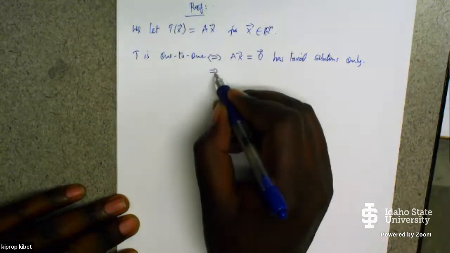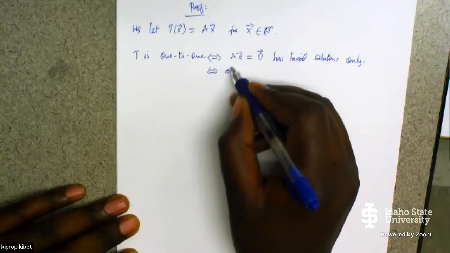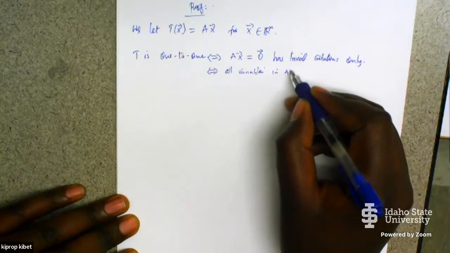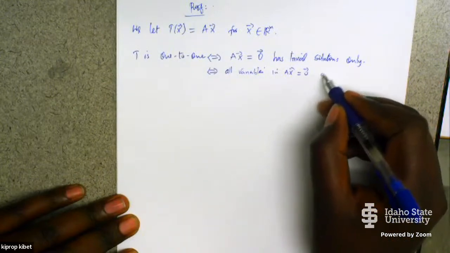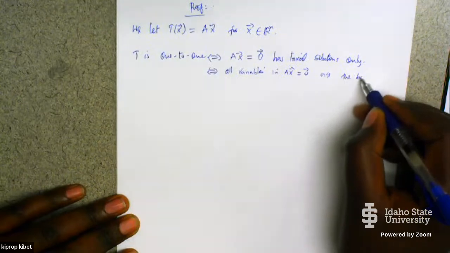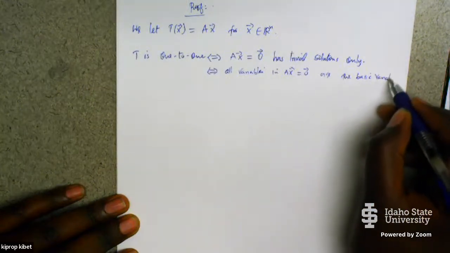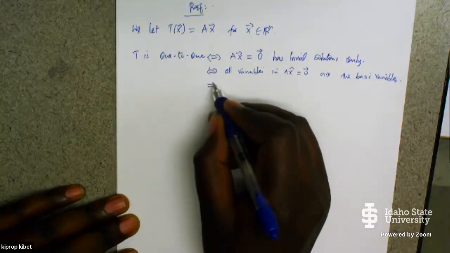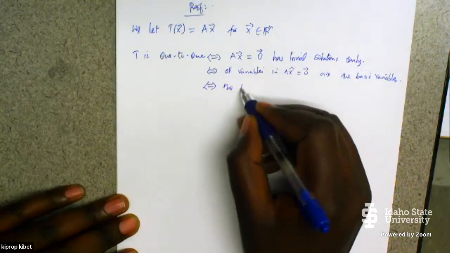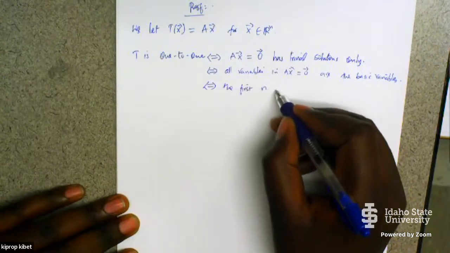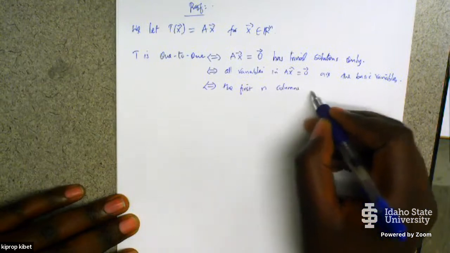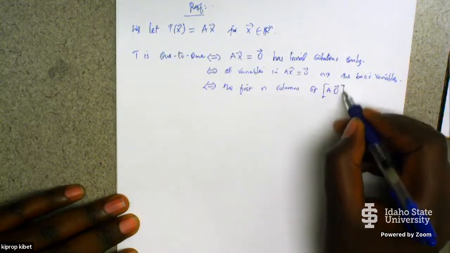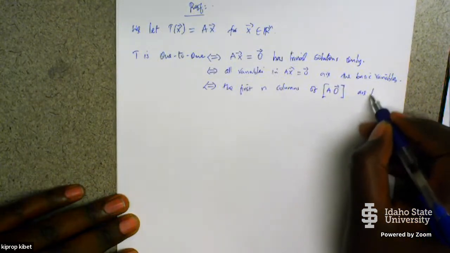And this also means that all variables in Ax equals 0 are the basic variables. It also means that the first n columns of A and 0, which is the augmented matrix, are the pivot.